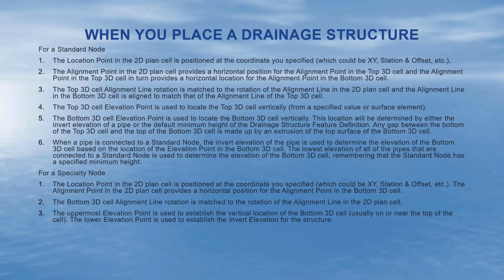Then the top 3D cell alignment line rotation is matched to the rotation of the alignment line in the 2D plan cell. And the alignment line of the bottom 3D cell is aligned to match that of the alignment line of the top 3D cell. In this way, properly built cells will all end up aligning with one another's rotation properly so that they come in just as you intend them to.